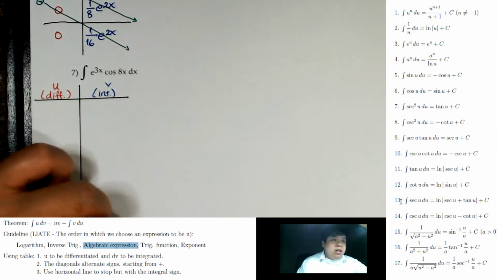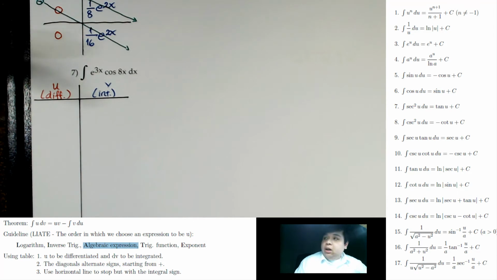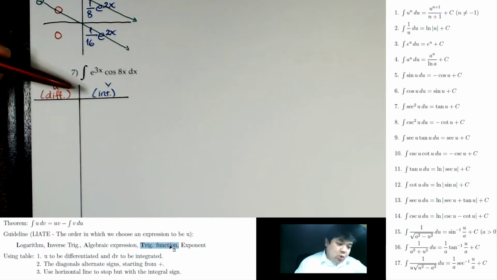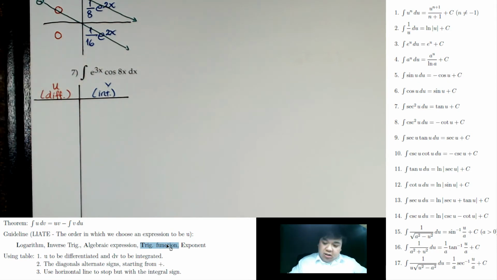So we'll just check. For u, there's no log, no inverse trig, no algebraic expression. Next step is the trig function. So that's going to be cosine of ax.